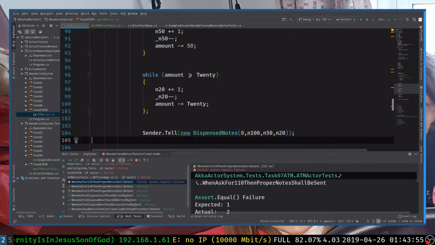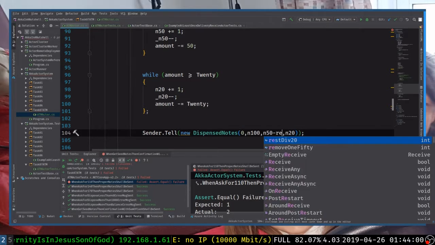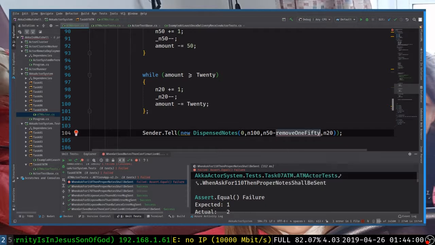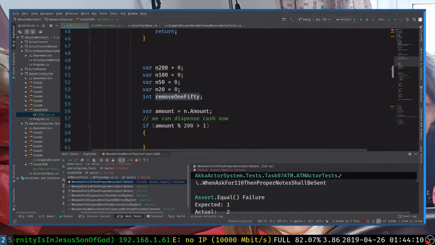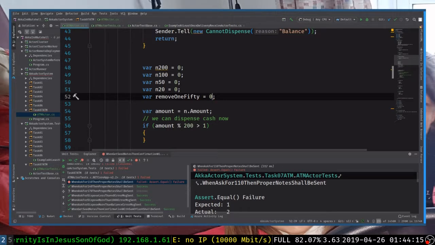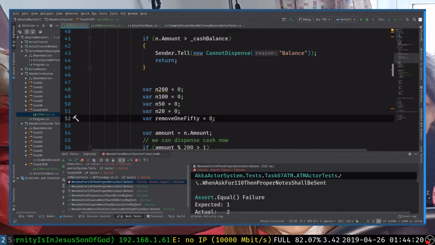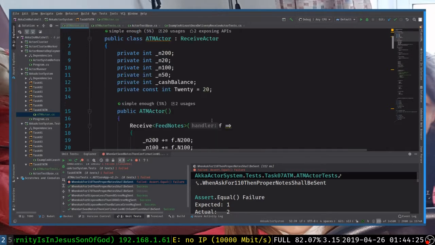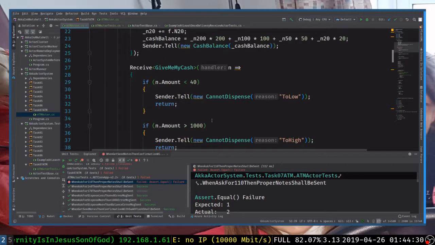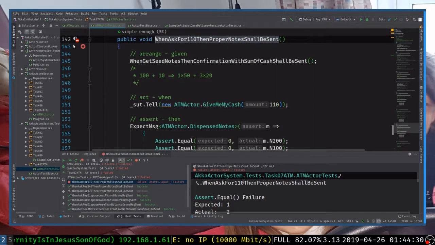and then we should be minus 3 more 50. Okay, in this particular case, we'll 50 equals 0. Now our compiler is happy, so we are happy. Let's do the test, because it's failing, right?